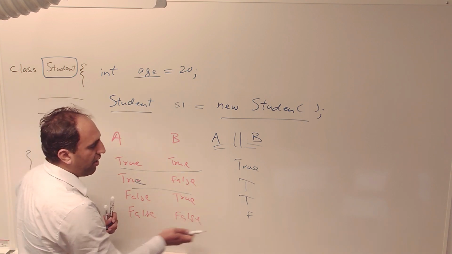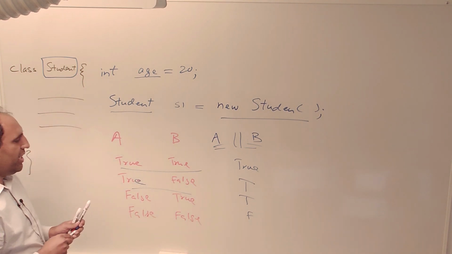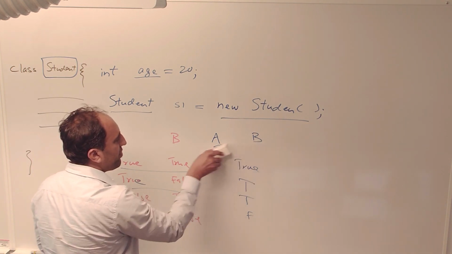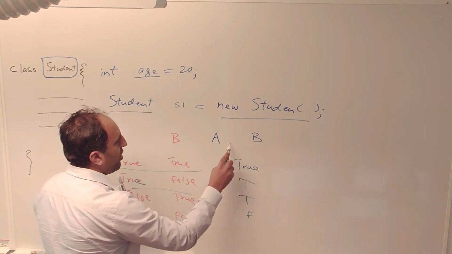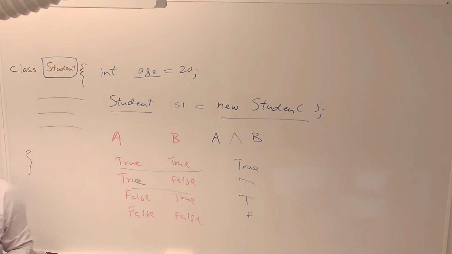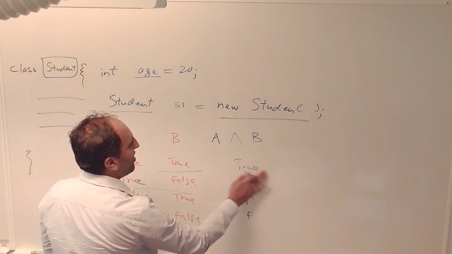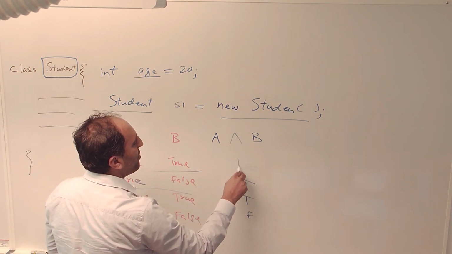And here both are false, so it will be false. But with this exclusive OR, the simple thing to remember is that both should be different. They should not be the same. That's a simple rule of thumb. So here they are the same, so the outcome is false.